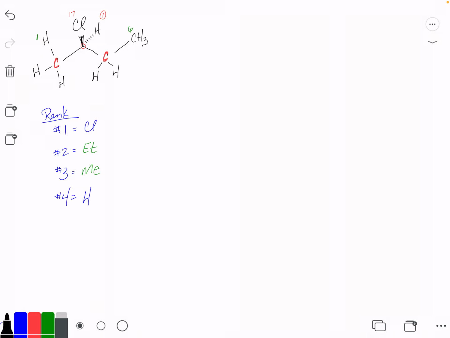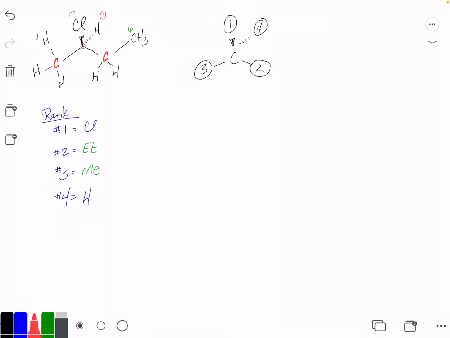And so now what we see, if we redraw that chirality center, we can say we have our first ranked group here with chlorine. Our 4th ranked group is pointed away from us, which is what we'd like for this determination. Our 3rd ranked group is over here, and our 2nd ranked group is over there. And now it's just a matter of looking at the rotation.